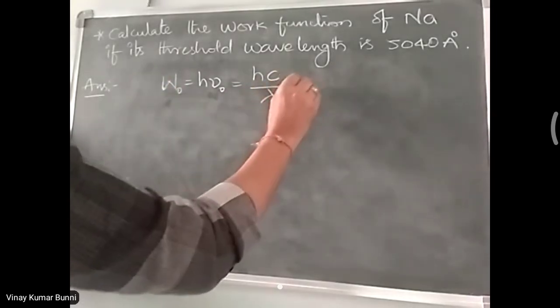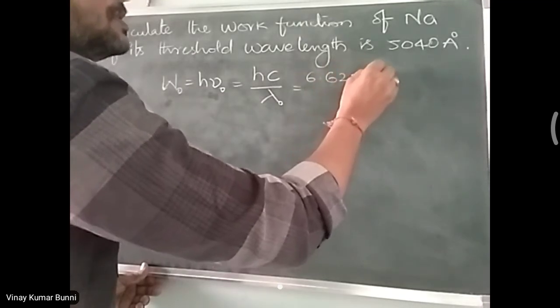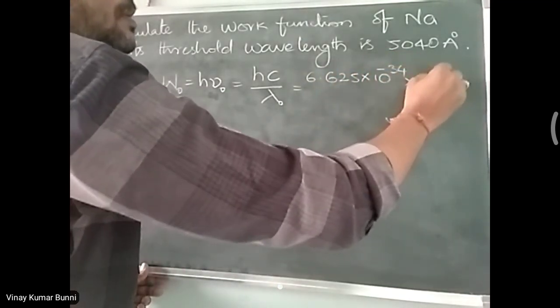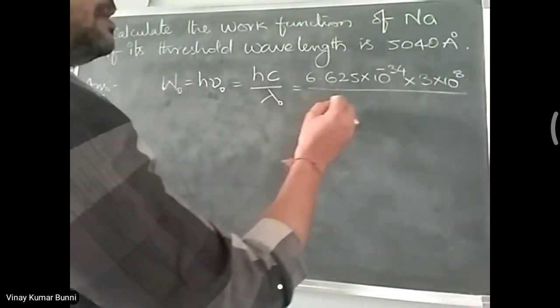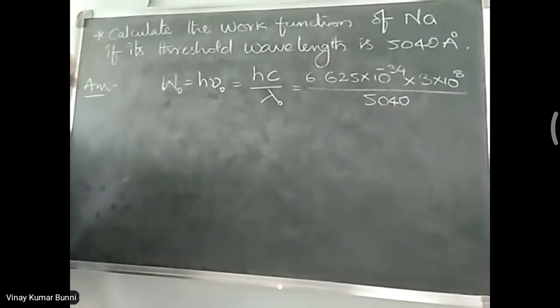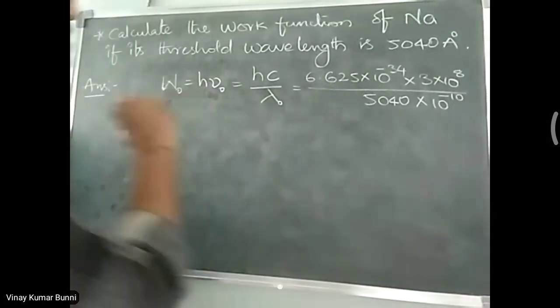Now substitute the values: 6.625 into 10 power minus 34 into 3 into 10 power 8, divided by lambda naught, which is the wavelength, that is 5040, and in place of angstrom write 10 power minus 10.